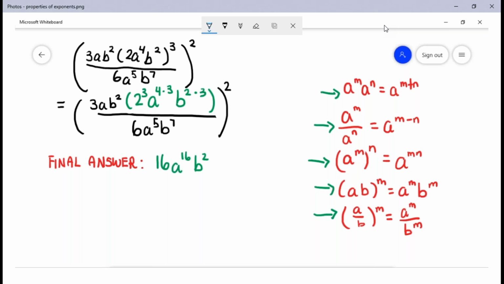So now, as you can see, I have done the first step already for you guys. And I've also given you the final answer, so you can go back and check your work when you try this on your own. In addition, I've also provided you guys with the 5 exponent rules which I have covered today. If you want to go back and refer to them, you may do so.